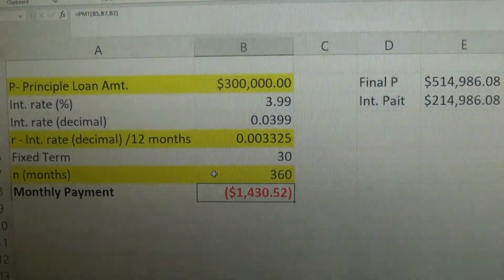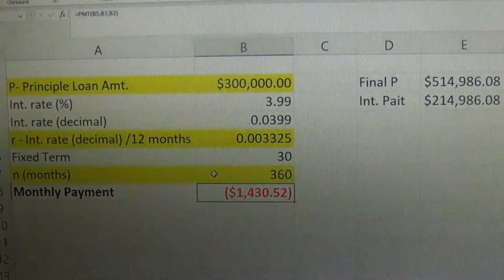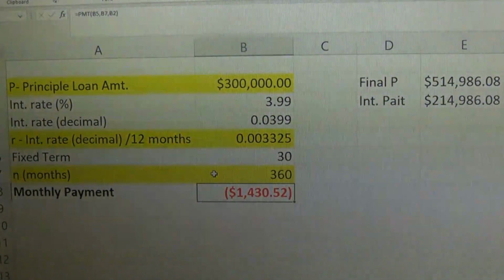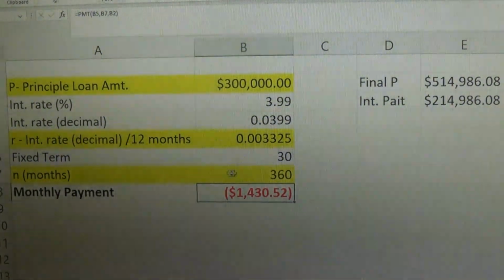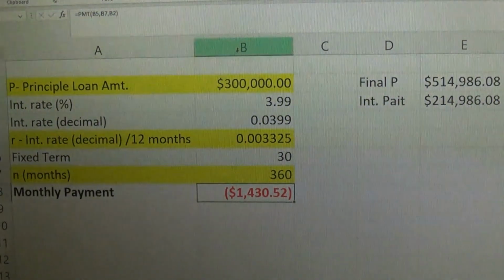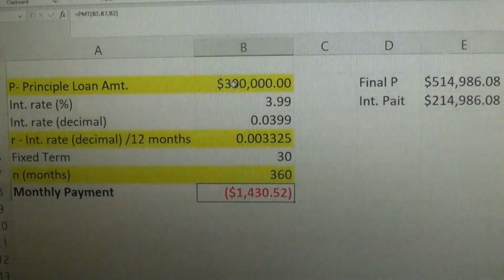So in Excel, if you see that formula there, equal PMT, open the parentheses, put in R, comma, followed by N, comma, P. And all those values are highlighted for you here.